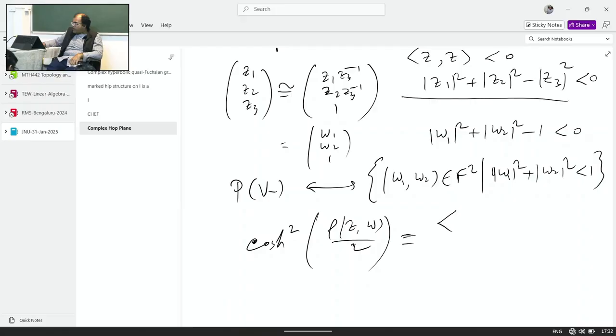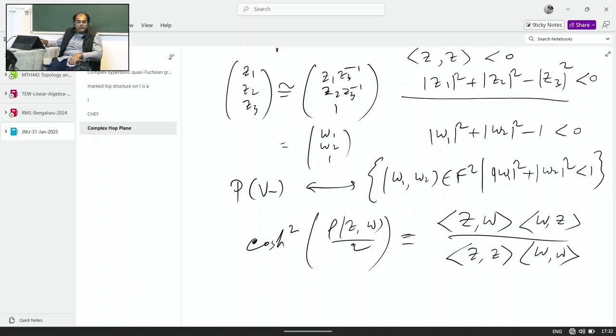In terms of the inner product, you can define the metric in this way. This will give you the usual hyperbolic metric that you are talking about. Fine. So this gives you a model for the complex or the real hyperbolic plane.